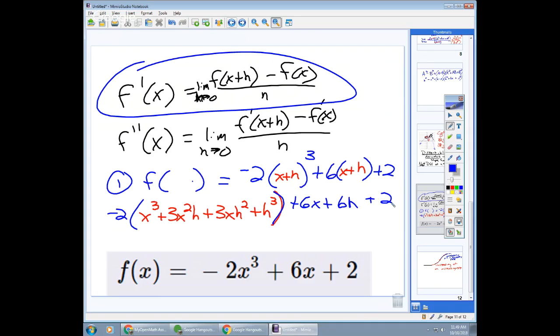And then I get to distribute the -2. Minus 6 x squared h minus 6 x h squared minus 2h cubed, and then plus that other stuff. So your homework's just going to involve very careful algebra. Any like terms?